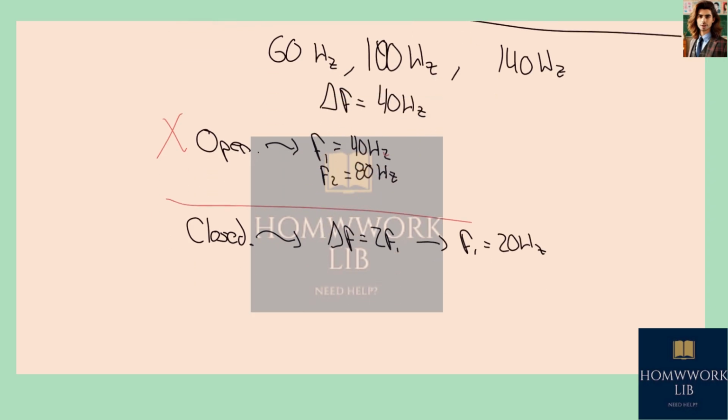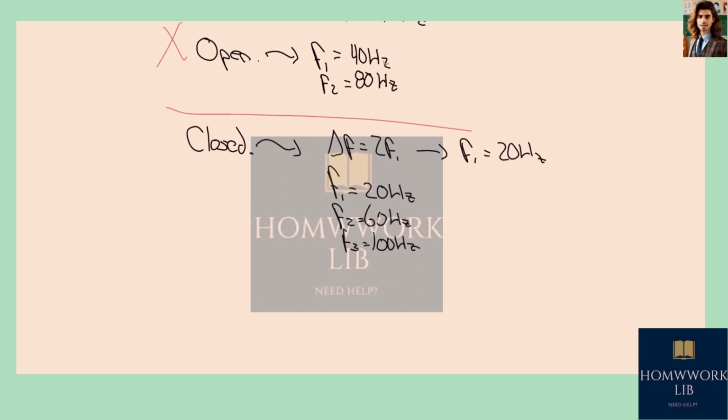If that is true, f1 is equal to 20 hertz, f2 would be equal to 60 hertz, because we're going to add 2 times the fundamental frequency. F3 would be 100 hertz, and F4 would be 140 hertz. So with this, we have identified our system.